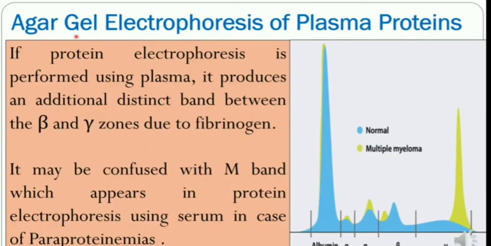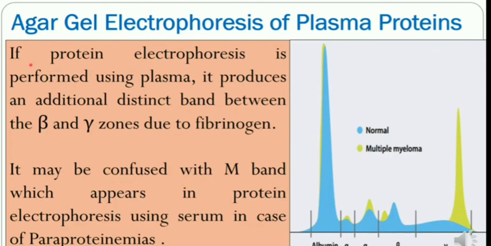Now, if we do agar gel electrophoresis of plasma proteins, we will get another conspicuous band after the gamma band, and that will be the band due to fibrinogen.